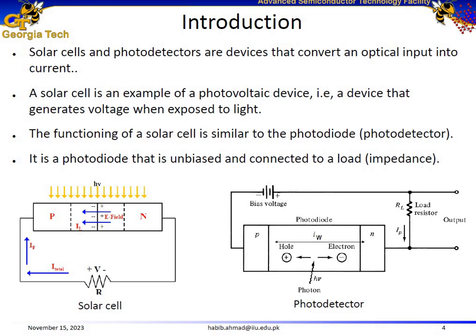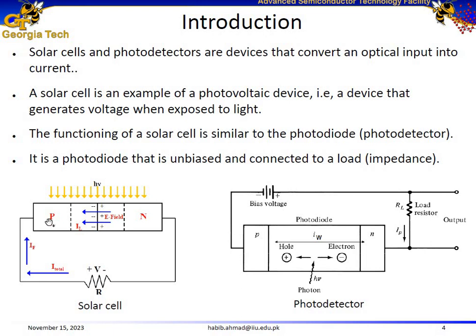For example, if the solar cell is composed of n and p-type layers of silicon, we know the band gap of silicon is 1.1 electron volt. So the energy of the incoming photons should be either equal to or greater than 1.1 electron volts in order to generate electron-hole pairs.